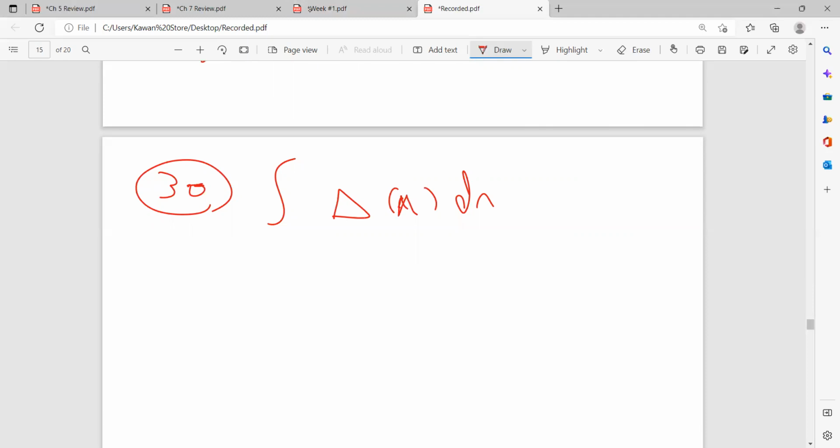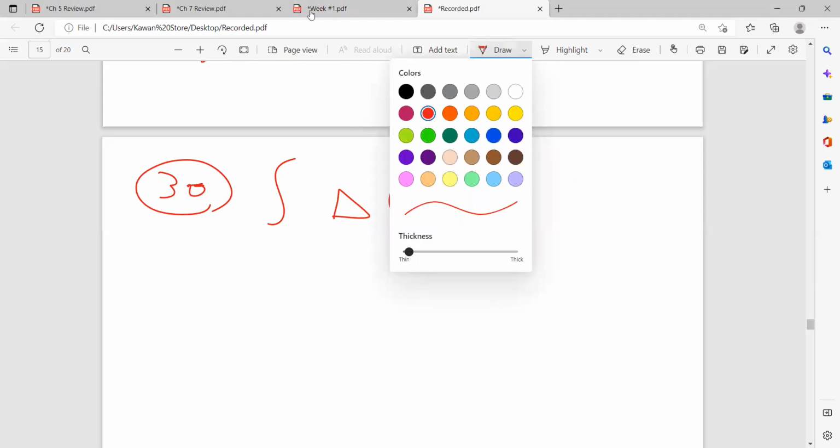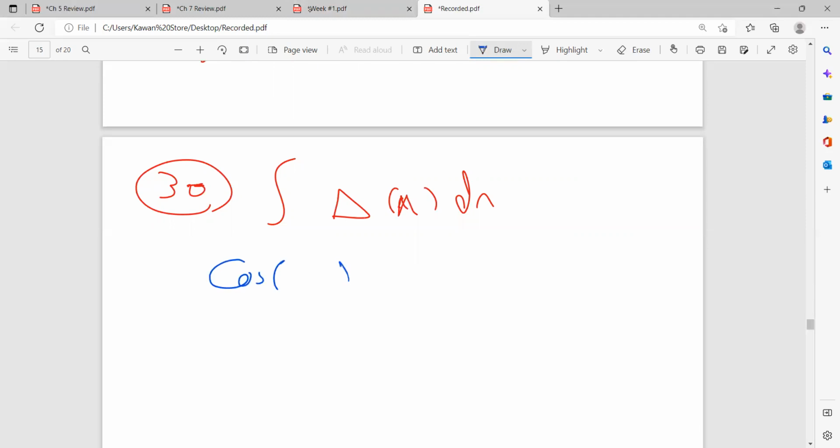When I say trigonometric, I mean, for example, cosine. When I say angle, I mean, for example, 5x squared plus 1, and here I have x dx.